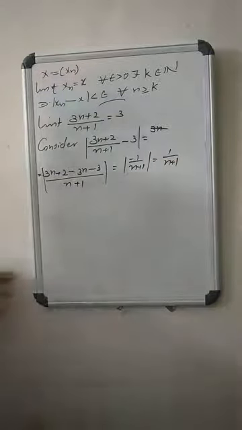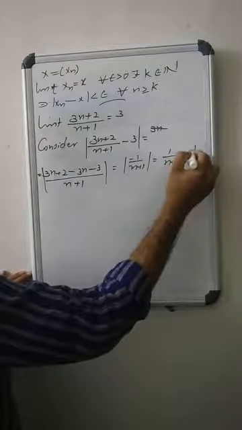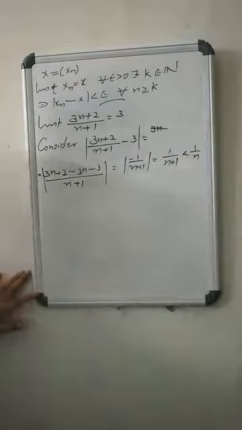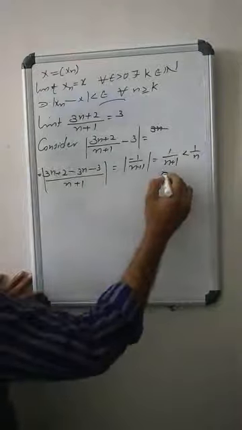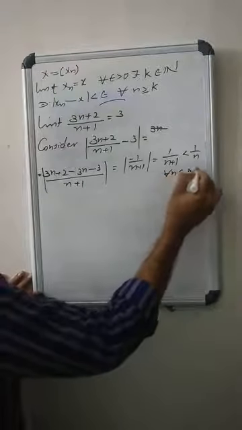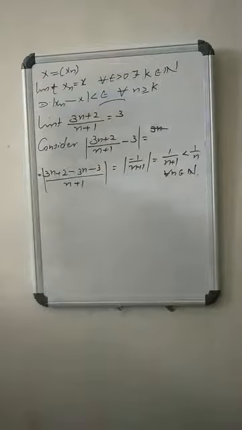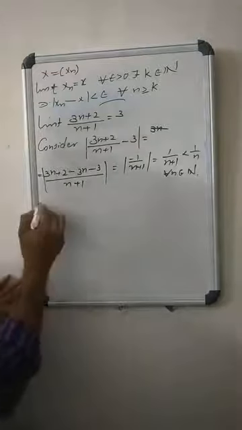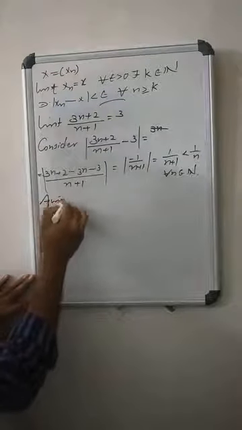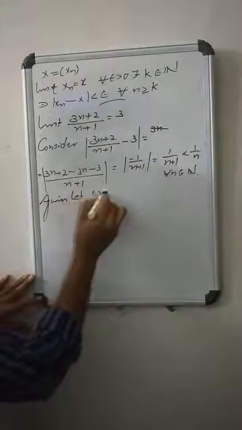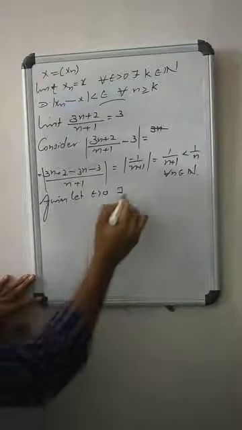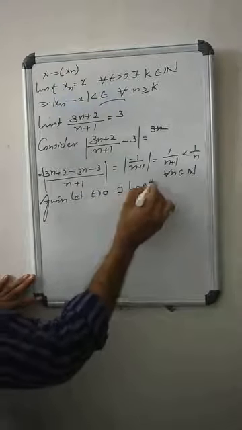Agreed. So 1/(n+1) is strictly less than 1/n for all natural numbers n. As usual, let epsilon be positive.